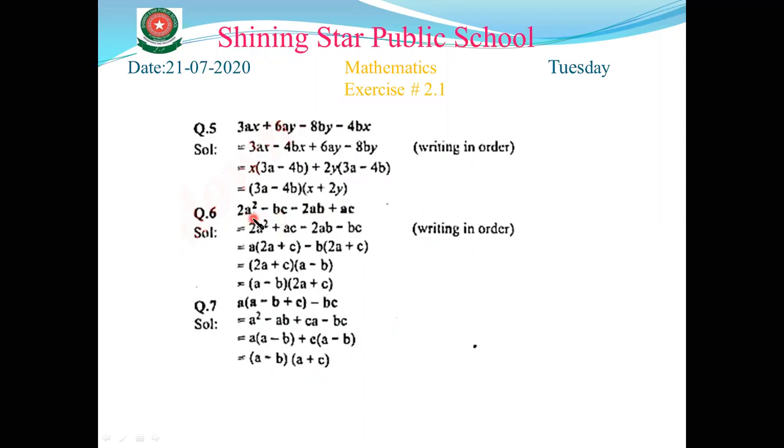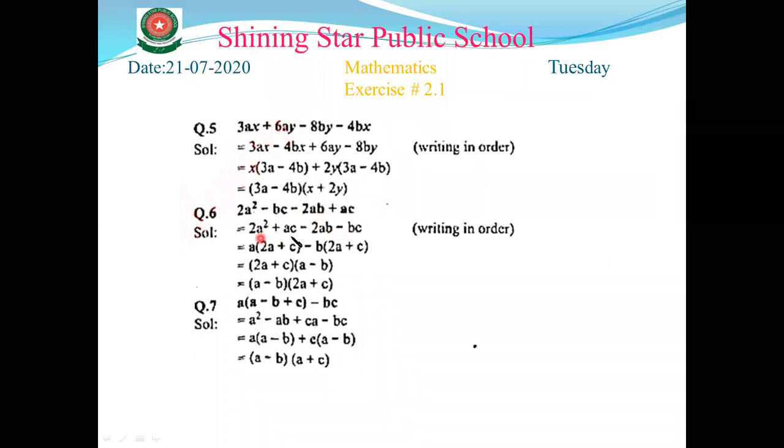We cannot take common from these two terms, because in the first term we have a, in the second term we have bc. So how can we take common? That's why we arrange them 2a square plus ac, first and last term, and second and third term.